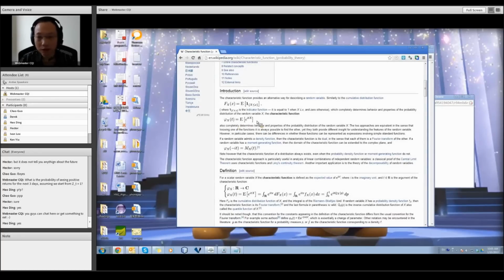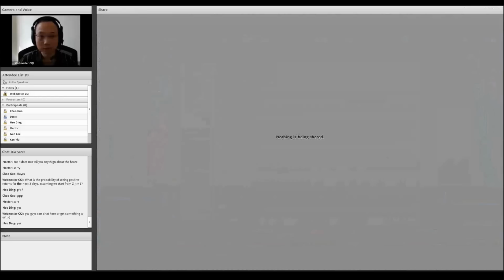Now, if we go back to our PowerPoint slide, to our lecture here, the characteristic function of the return is the expectation of e^(i R s), the random variable itself and s.